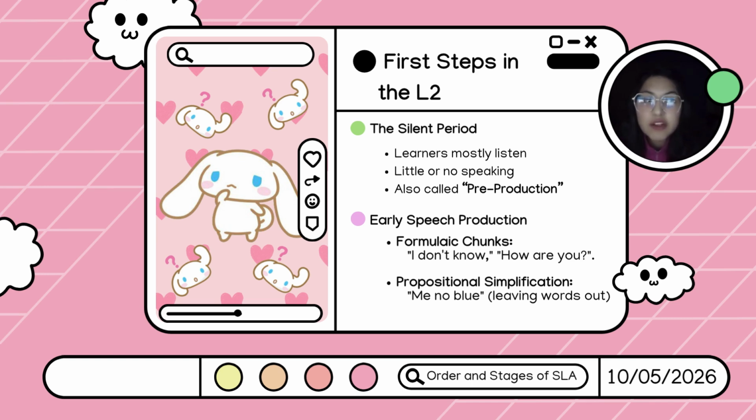This stage is characterized by two things: formulaic chunks and propositional simplifications. The first one, formulaic chunks, are fixed expressions like "I don't know" or "how do you do that" that are learned as single units. Propositional simplifications happen because full sentences are cognitively heavy, leading learners to leave words out, resulting in phrases like "me no blue."